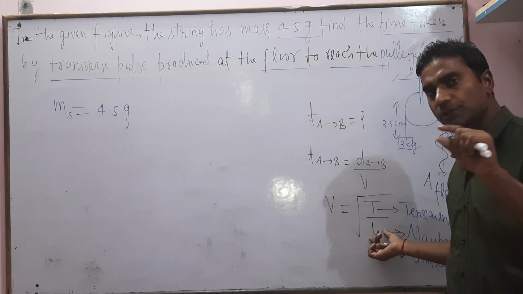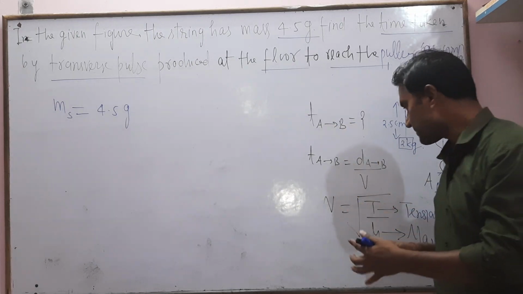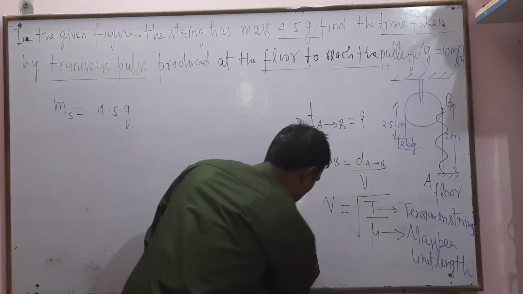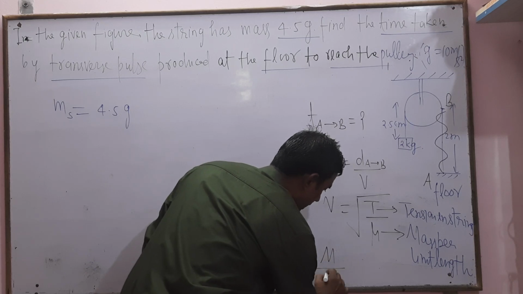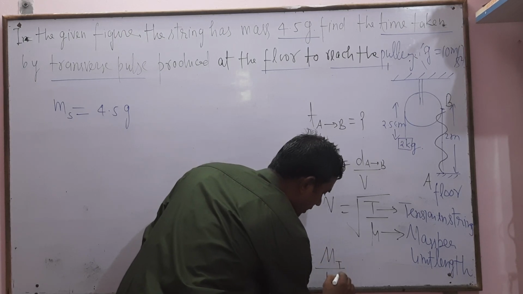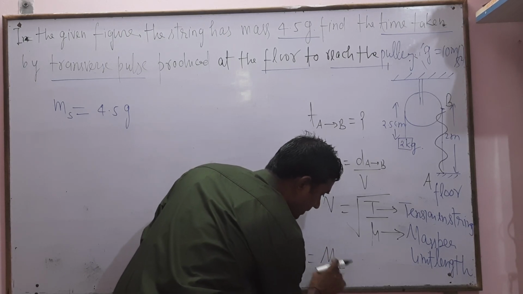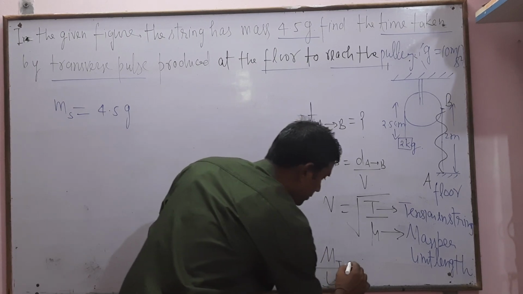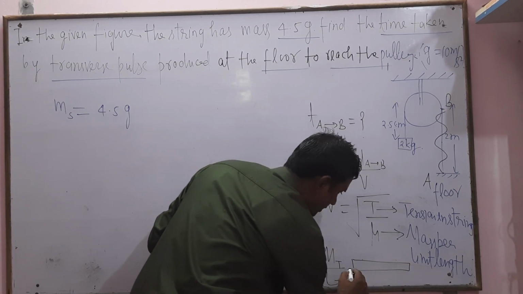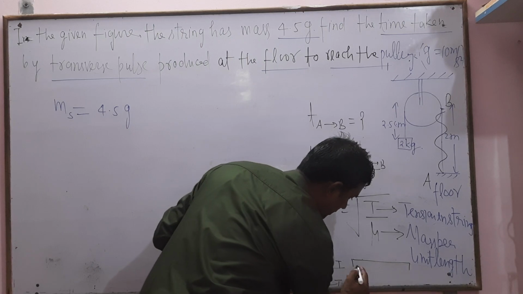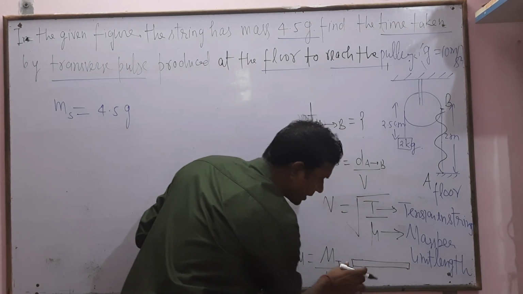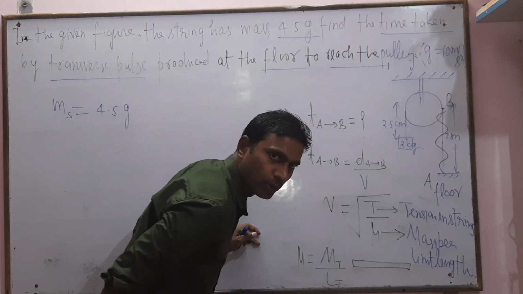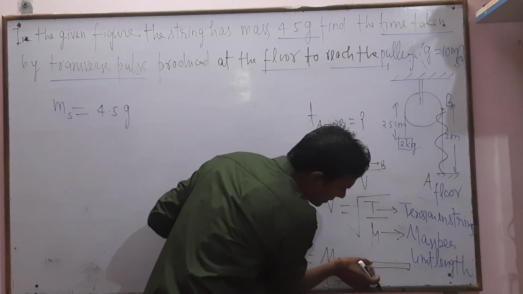The mass is distributed uniformly. What is mass per unit length? Mu equals m by L, total mass upon total length. But this is for a uniform string. Uniform means the mass is distributed over the same cross-section area.